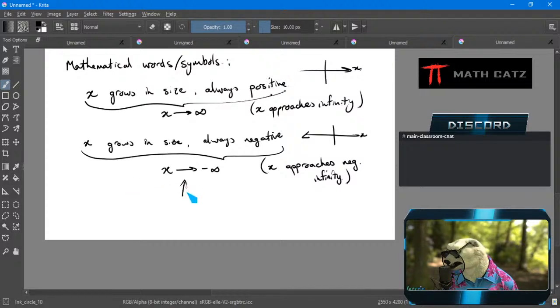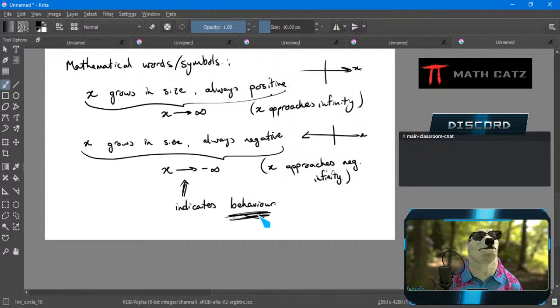So this arrow here that I'm using, it indicates behavior. And that is a very important word moving forward. I want to investigate how my polynomial, how my function behaves. Well, what is happening to the x values, because depending on which side I'm going, the graph might look very different.